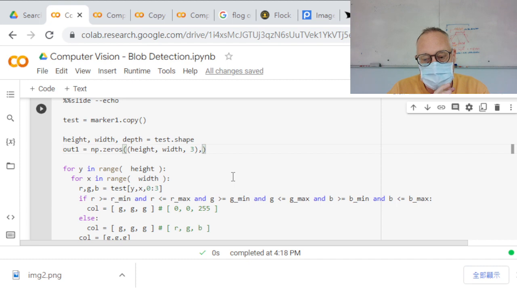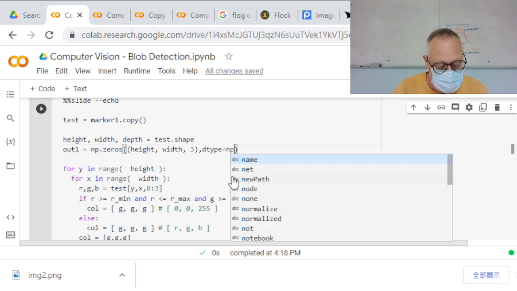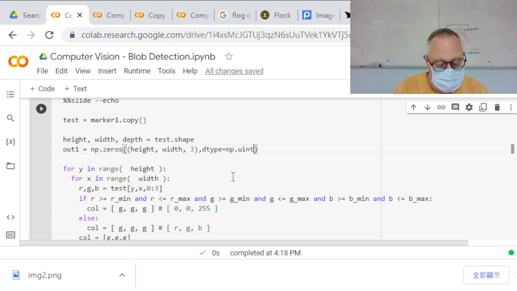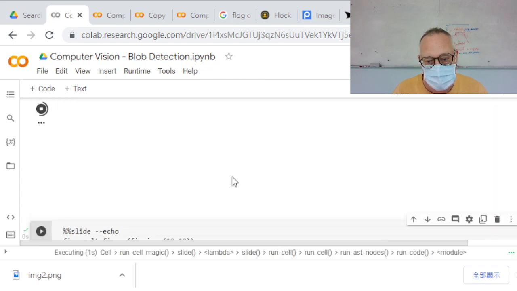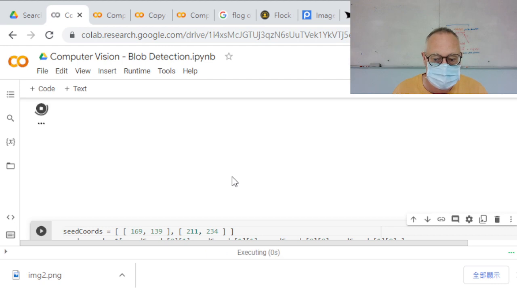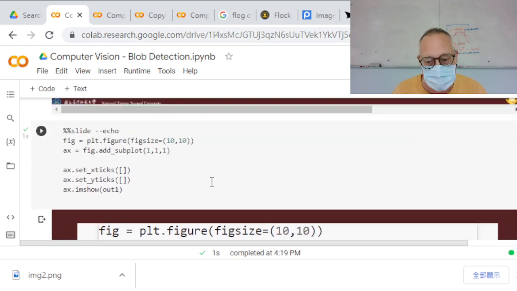So I need to specify the data type, and I need to specify it to be uint8 as 1 byte. And let's see. Okay, yeah, now it's better.